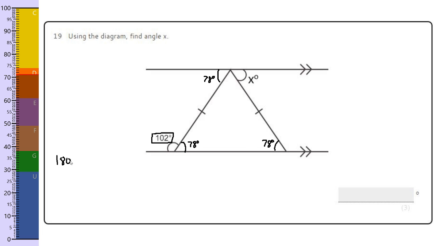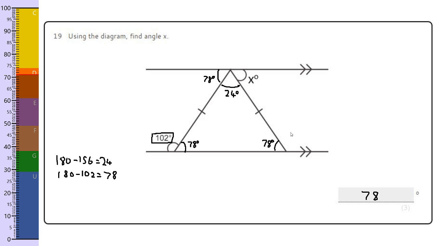And if I do 180 take away 156, I get 24. Okay, so this angle here is 24 degrees. And finally, I know that angles on a straight line add up to 180, so I'm going to do 78 plus 24, which is 102, and then 180 minus 102, which equals 78. So the answer is 78.